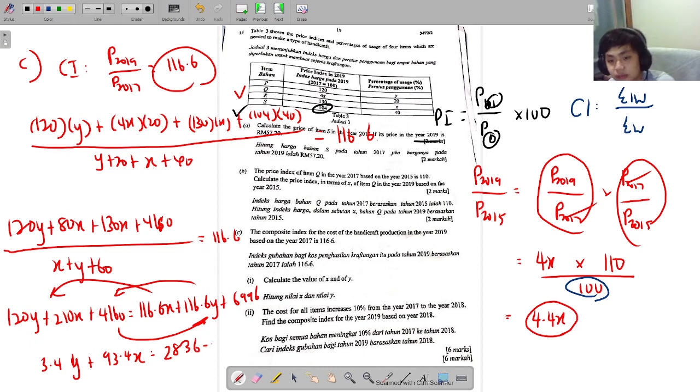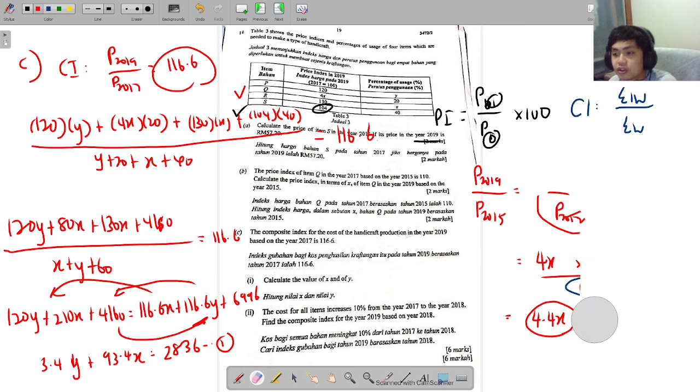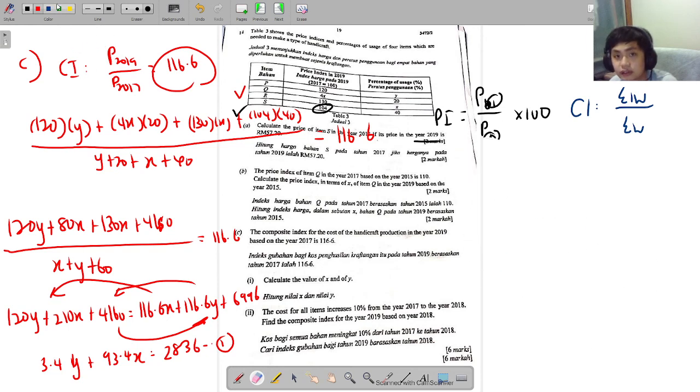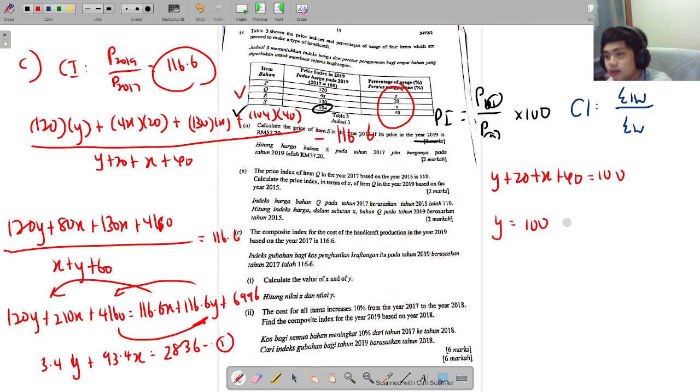So I can call this one equation 1. With this equation, I can actually create another equation because I have two unknowns, which is that the sum of percentages should be 100%. So y plus 20 plus x plus 40 should equal 100. So y is equal to 100 minus 60 minus x, which is 40 minus x.